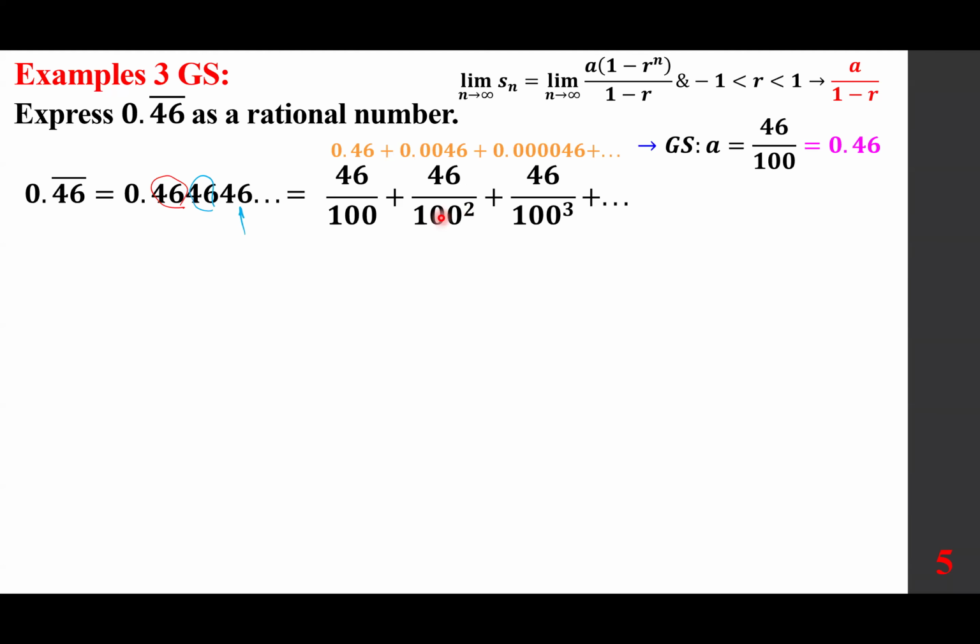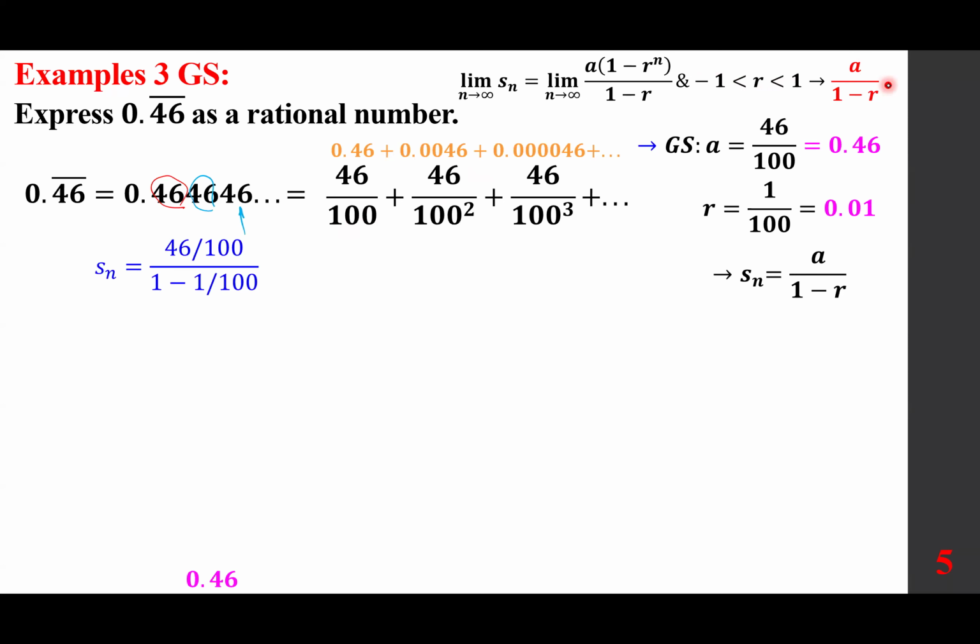This is 100 times larger than this, which makes the fraction 100 times smaller. So R is 1 over 100 or 0.01. And because R is between -1 and 1, we can use A over 1 minus R. And we are going to do that both with fractions as well as decimals.